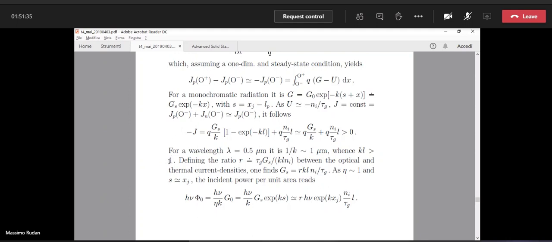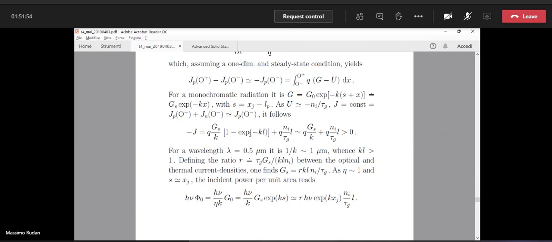So the exponential here can be neglected because KL is large, and we can always obtain this because L is very large on the n side.